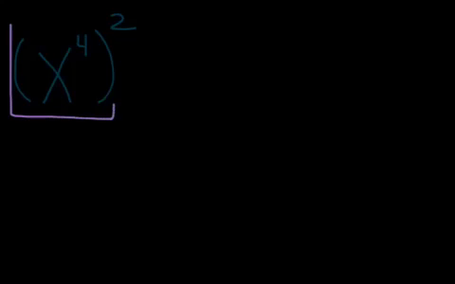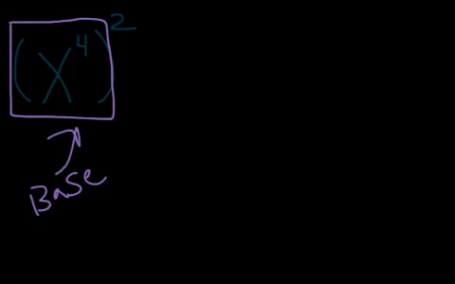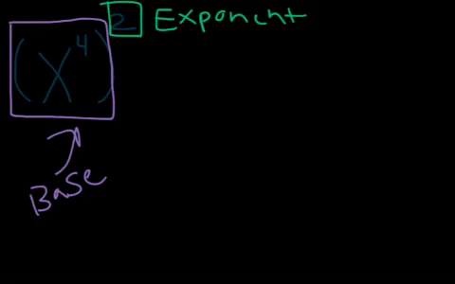Let's try another one. Let's look at x to the fourth squared. Our base is now our x to the fourth. Our 2 is our exponent. So now we're going to write our base 2 times.